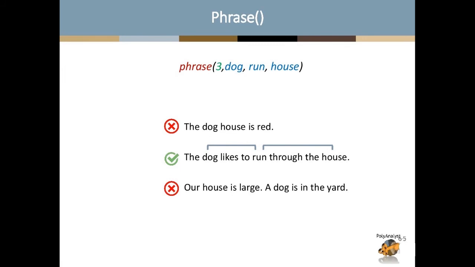Dog, run, and house all are within 3 of each other. Recall that near, the default argument was between the first and the last word. With the phrase function, the default argument is the sequential ordering, similar to max gap. So in this case, the dog likes to run through the house. So those are within 3 of each other sequentially, so we are okay.